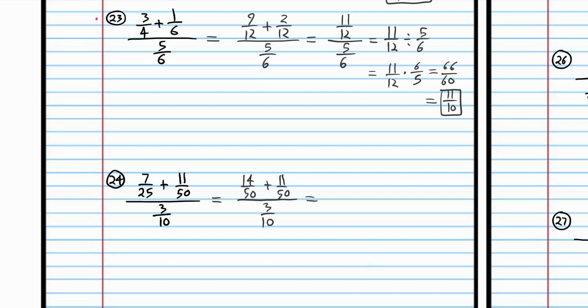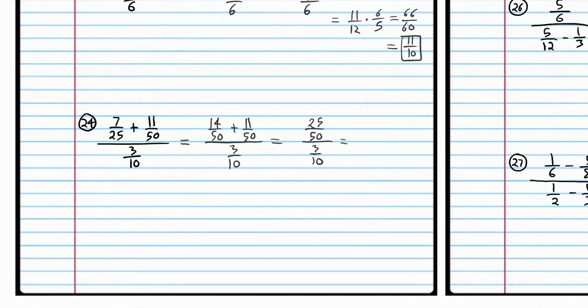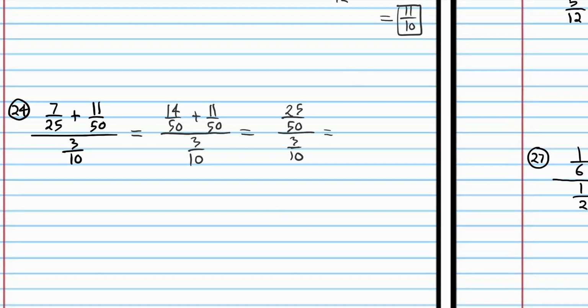So 14 over 50 plus 11 over 50 is 25 over 50. And now it just becomes the same type of problem we were doing before, but we probably want to reduce this fraction first. Why would we want to deal with those big numbers if we can reduce that fraction? And we can reduce that fraction.